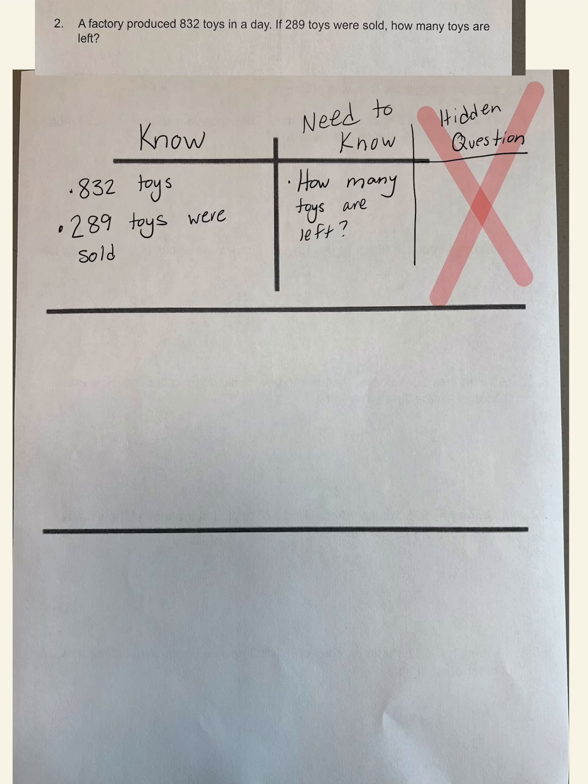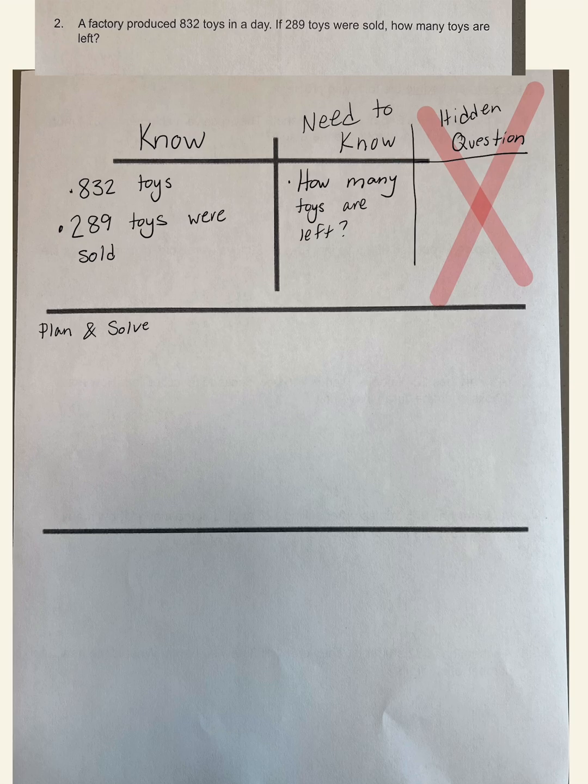Now we move on to our next part, which is where we make a plan and we solve. So when I say make a plan, that can include things like a strip diagram, an equation, a number line, but what you'll see most common is us using a strip diagram or an equation. And so again, when you go to make a strip diagram or an equation, you do the same thing we did filling out our know and our need to know.